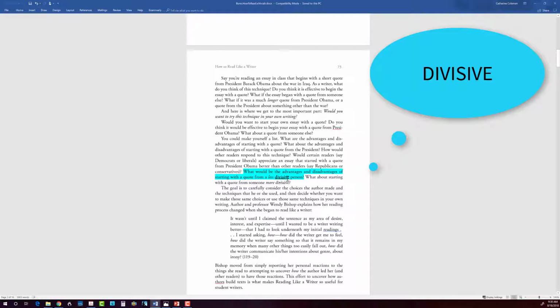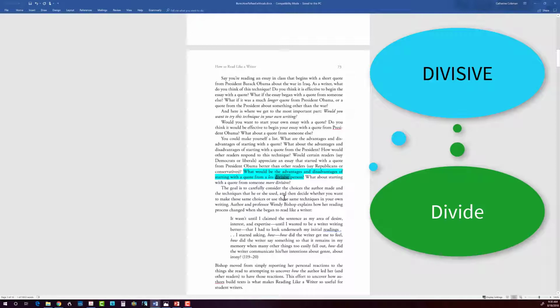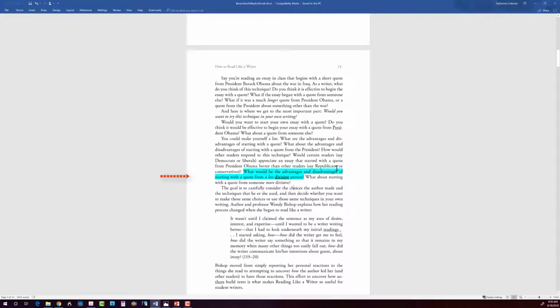If you look at it and you consider, do you see a word inside divisive? Do you see the word divide? Divide is a verb. Divisive means to kind of separate or irritate. So here the sentence says, what would be the advantages and disadvantages of starting a quote with a quote from a less divisive person, a person who divides someone?